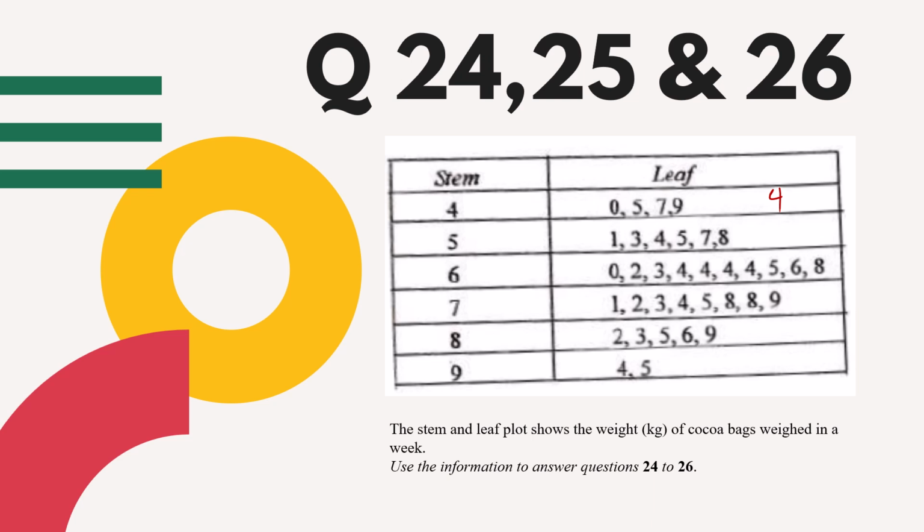And 5 has 1, 2, 3, 4, 5, 6. Whilst 6 has 1, 2, 3, 4, 5, 6, 7, 8, 9, 10. Stem 7 has 1, 2, 3, 4, 5, 6, 7, 8. Then the eighth stem has 1, 2, 3, 4, 5. And the last one is 2.